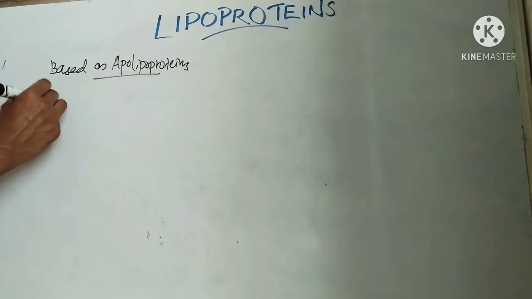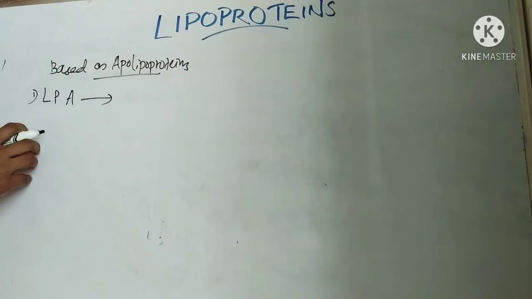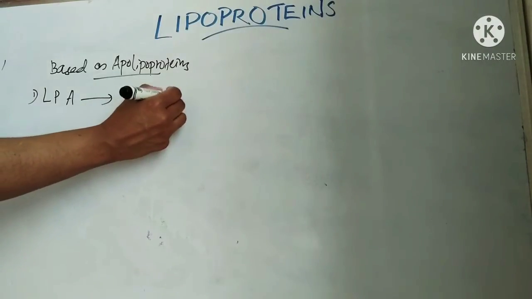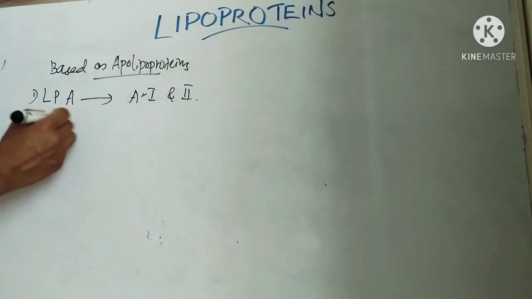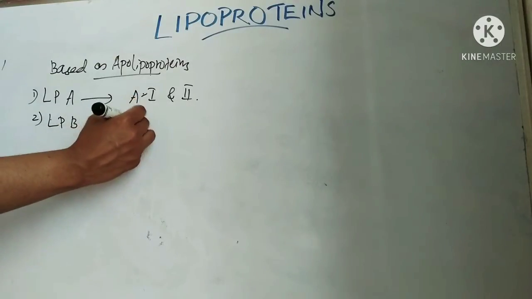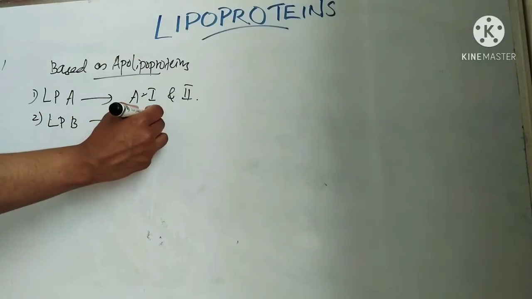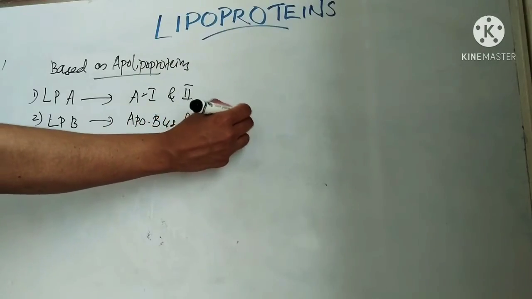First one is lipoprotein A. Here the apolipoproteins are A1 and A2. Then the next one is lipoprotein B. Here the apolipoproteins are Apo B48 and Apo B100.